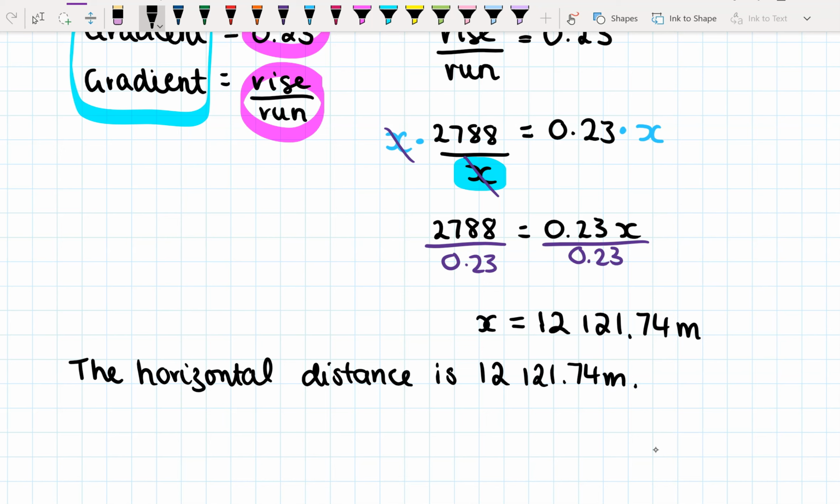Now, typically, if it was numbers like this, we would probably ask you to round to integers, to whole numbers. So actually, I would probably have 12,122 as my answer, but let's just go with this for now.